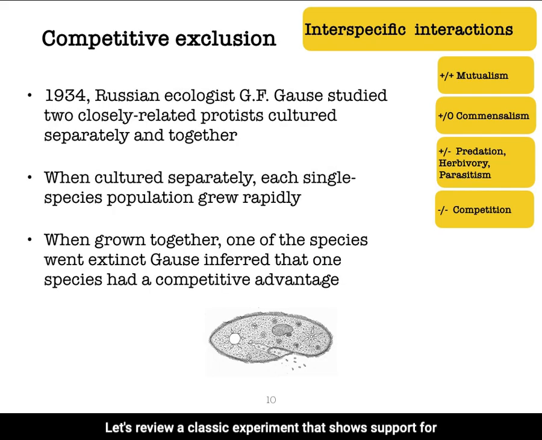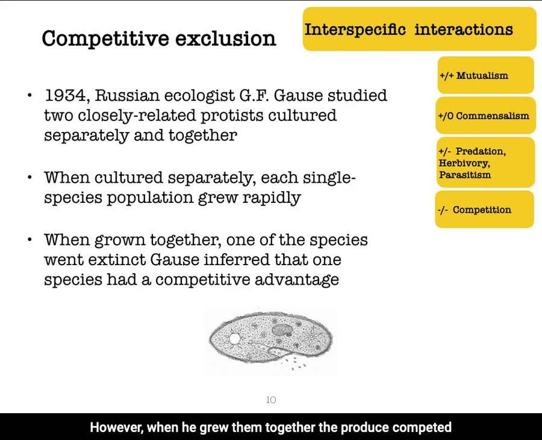Let's review a classic experiment that shows support for competitive exclusion. In 1934, Gause studied competition in a controlled lab experiment. He was working on two closely related protist species. When he cultured each of these species separately, the cultures did very well and the populations grew rapidly, leveling off at the carrying capacity.